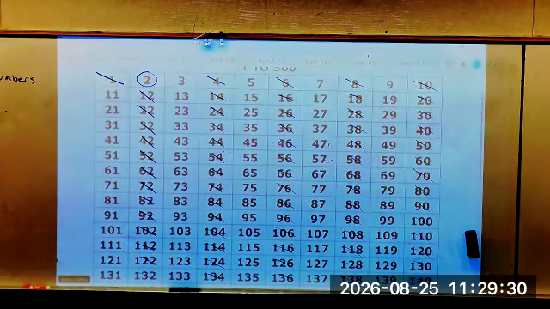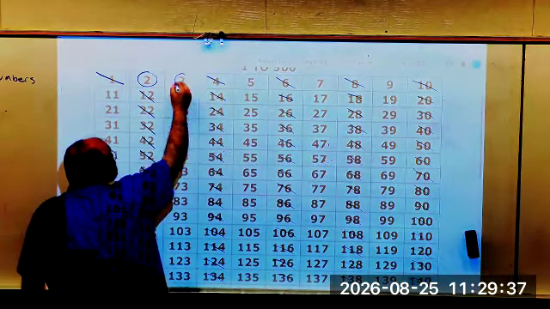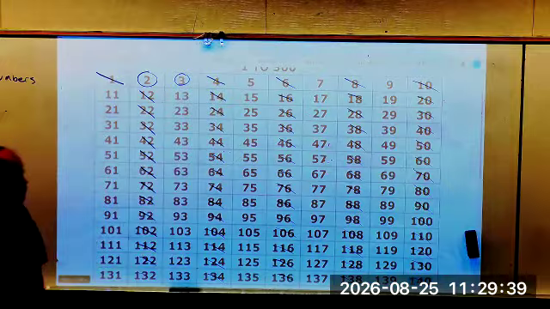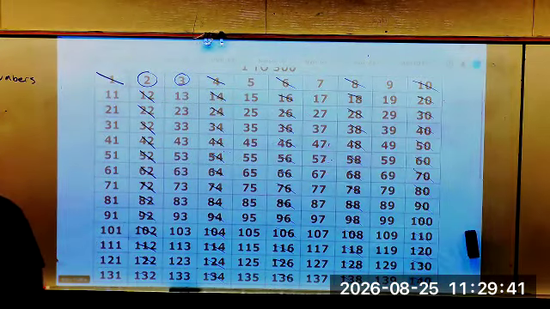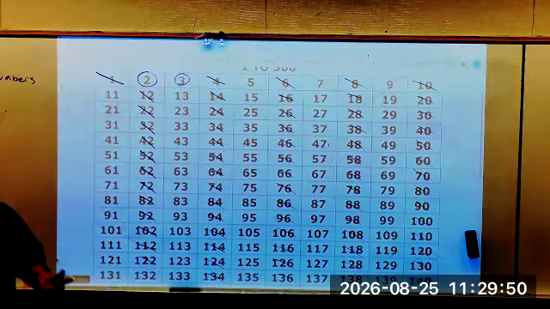So the next number that's not crossed off in the sieve is your next prime number, and that's three. So all the next non-primes would be multiples of three. Now, some have already been crossed off because they're multiples of three times two.